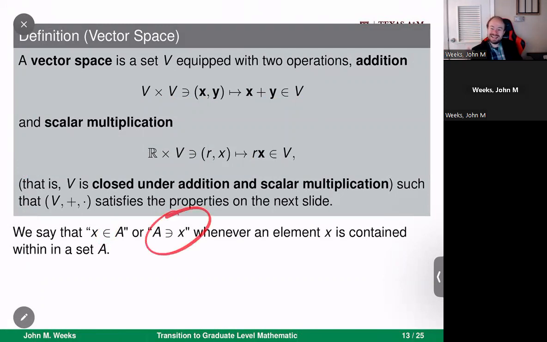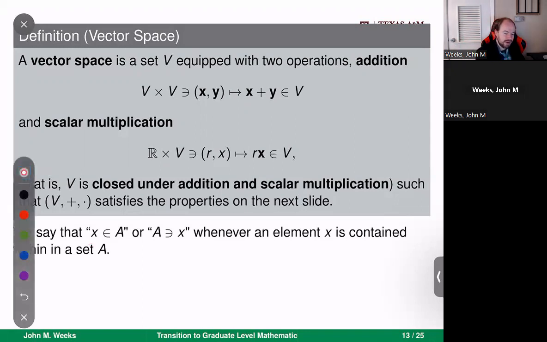Basically, the idea is that whatever is the element is on the cusp end of the symbol and whatever's at the pronged end, like a fork, if you will, that's going to be the set itself. So whenever an element X is contained within a set A, we will say X is an A, or X is an element of A, and we will write it very much like this. So that's what we have going on here.